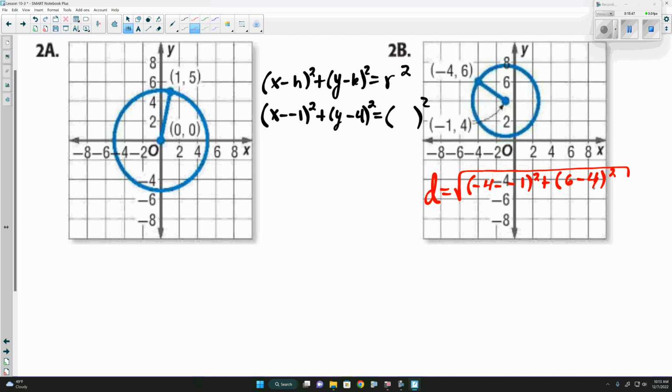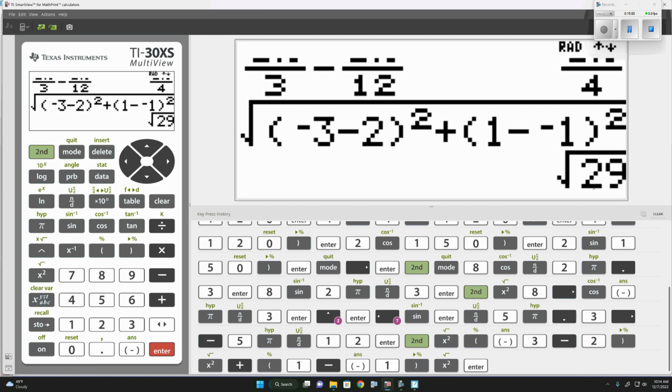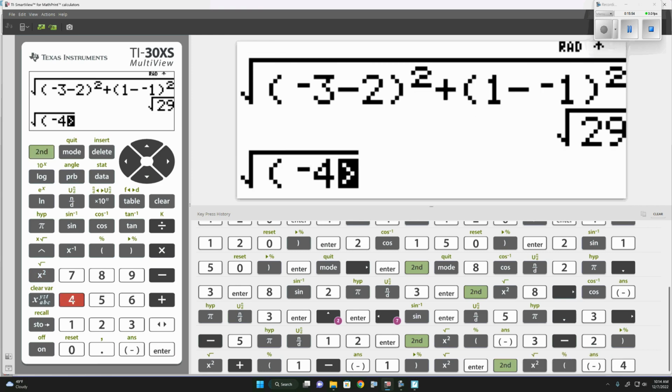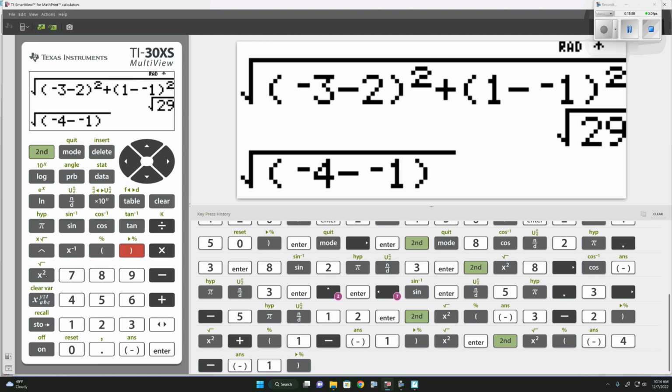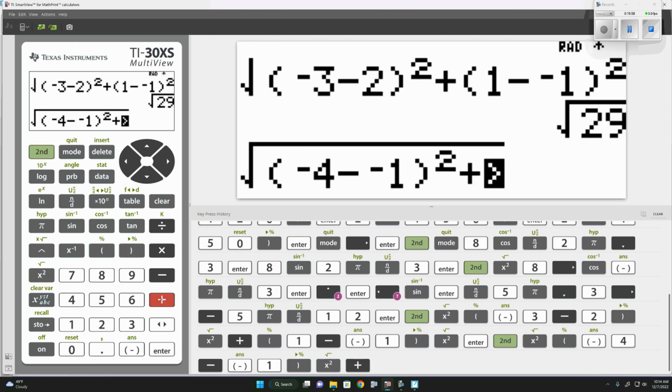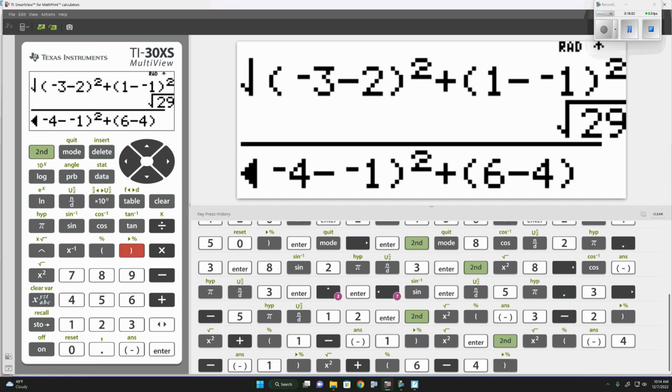Square root of -4 minus -1 squared plus 6 minus 4 squared.